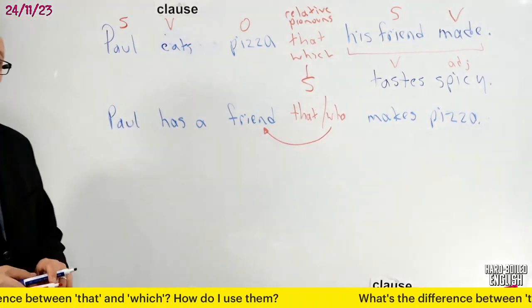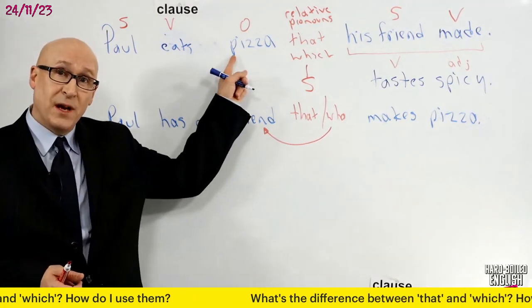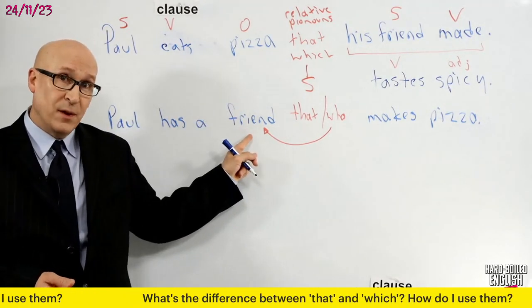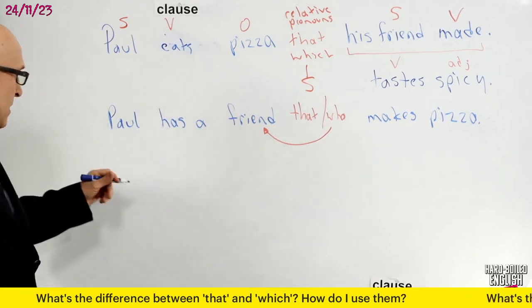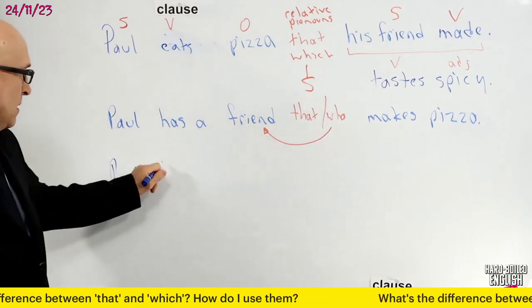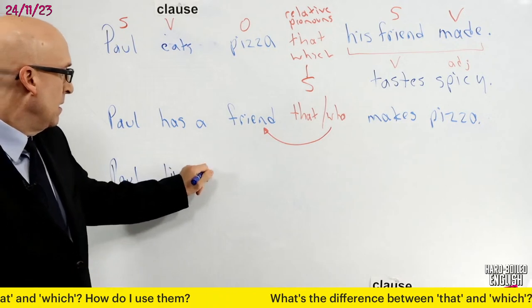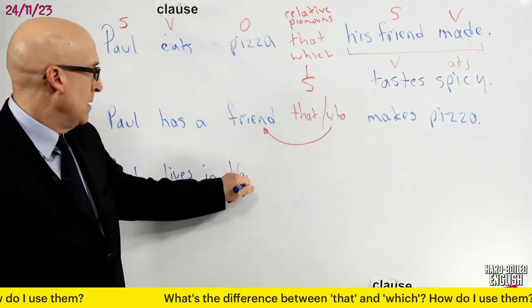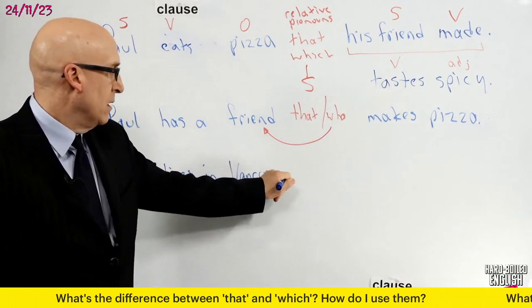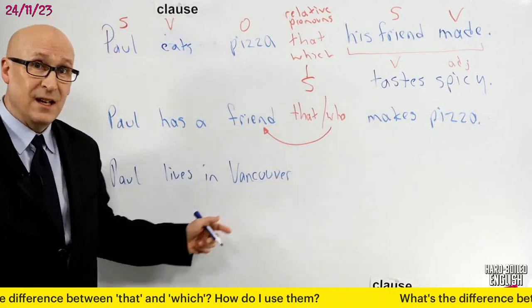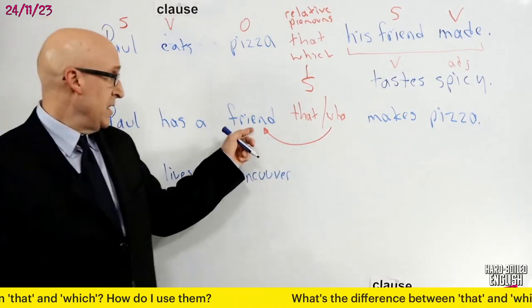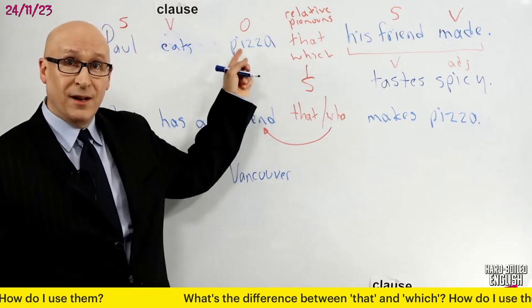Now, what if we don't have an object? What if we don't have a person? What if we have a place? Paul lives in Vancouver. Now, Vancouver is the name of my city, right? A city is not a who. A city is not an object.